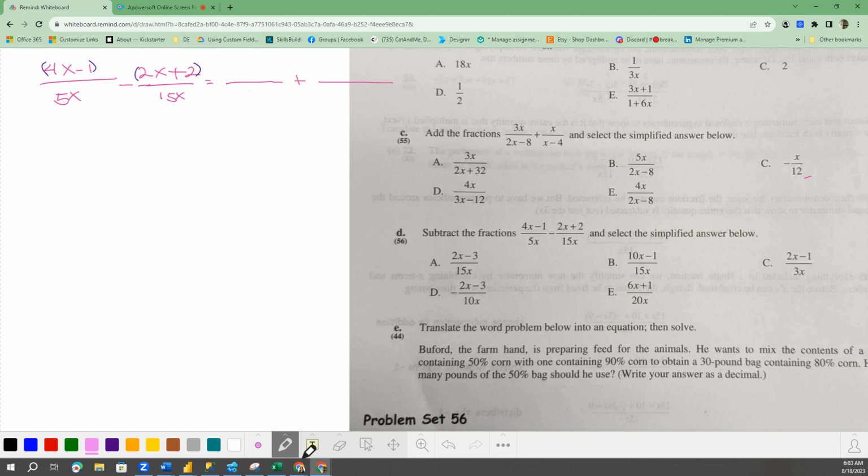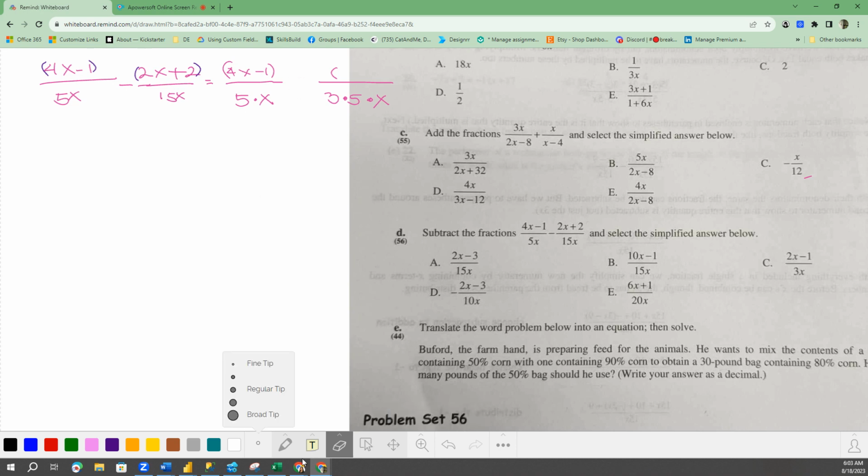Okay, so 5x, that's 5 times x, and then 15x is 3 times 5 times x. And I'm just gonna copy the numerator, 4x minus 1, and then, this is actually not a plus.